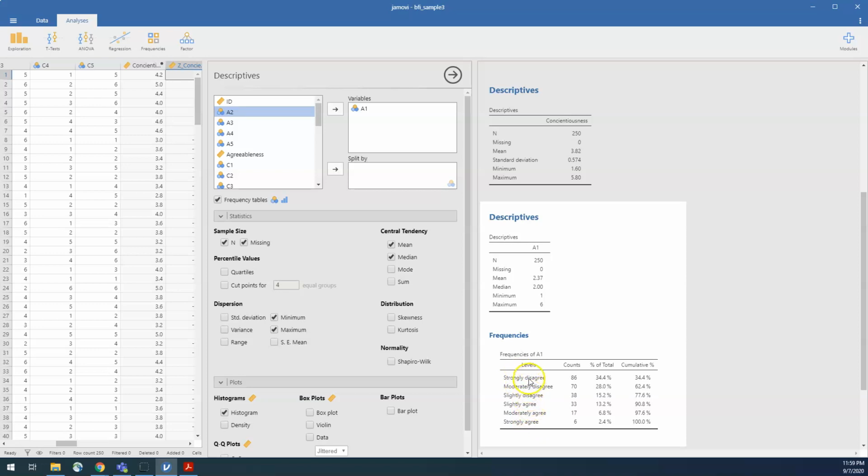And so when they picked one, that meant that this scale of measurement was an ordinal scale of measurement. Well, in the data set, it's labeled as nominal. Obviously, that's not correct because these are ordered, right?